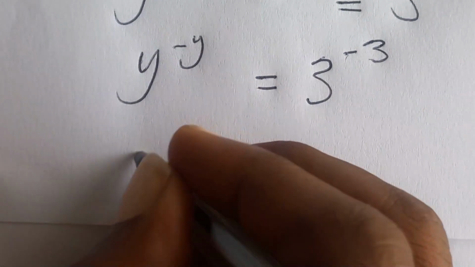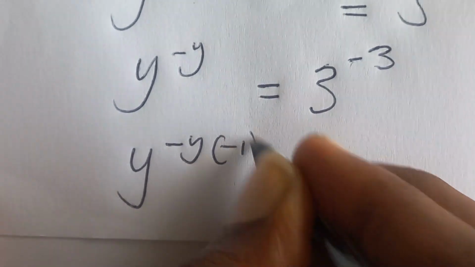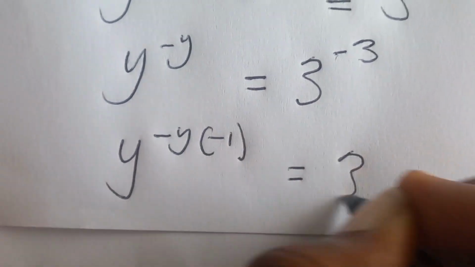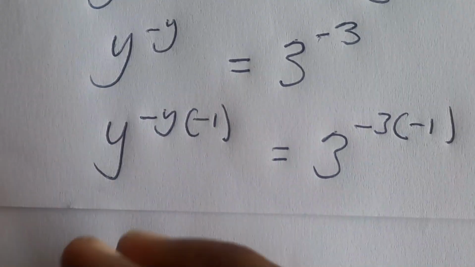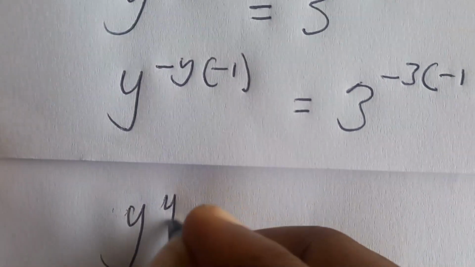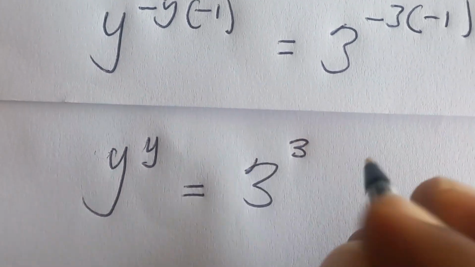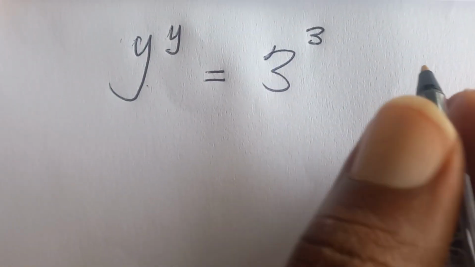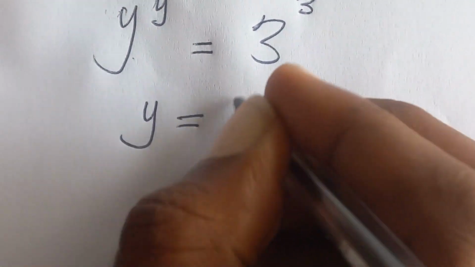So we get y^(-y × -1) = 3^(-3 × -1), which gives y^y = 3^3. By comparing terms, we can see that our y is equal to 3.